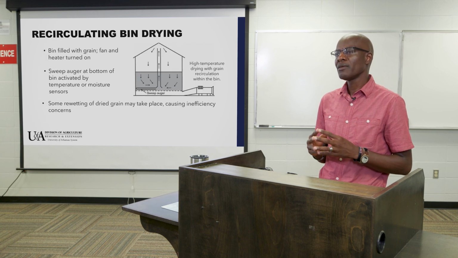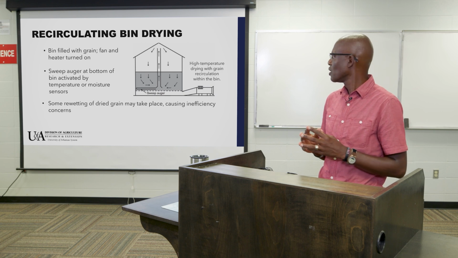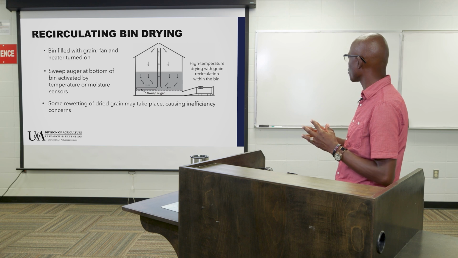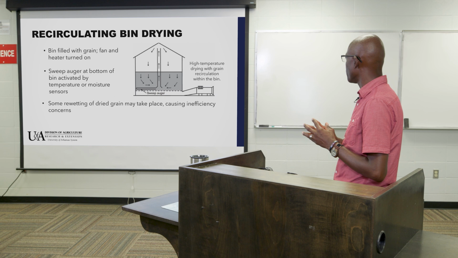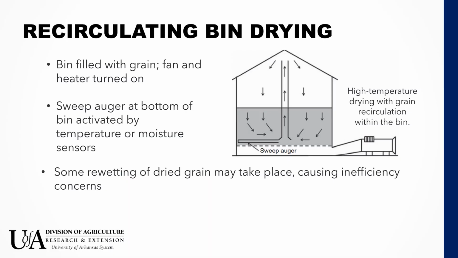Now, the other method that I would like to describe here is the recirculating bin dryers. Again, these are bins filled with grain, and a fan and a heater is turned on. Typically, a sweep auger is placed at the bottom. That sweep auger is activated by the temperature or the moisture content of the grain.